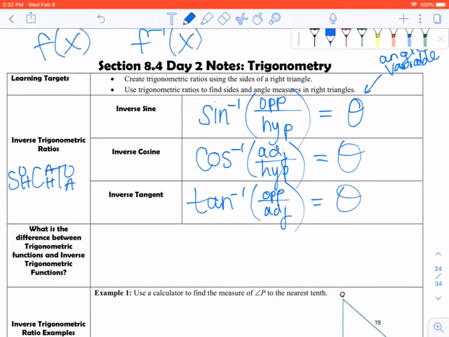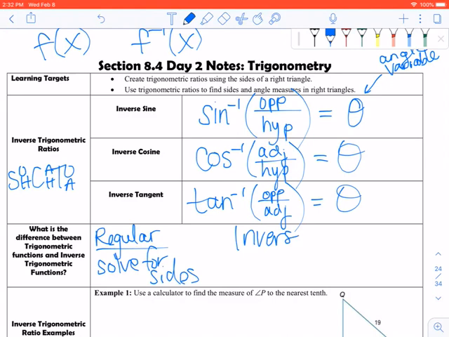So the regular trig functions that we used yesterday helped us solve for sides. Now, when we do the inverse trig functions, that's what helps us solve for angles.